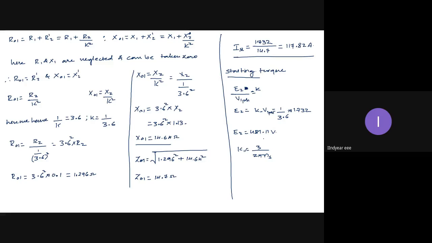Other things we know: R2 we know, X2 we know. All the things you can substitute and calculate. That is your part of the work. In the next class, we will solve one or two such examples on running torque also. Then we will move to torque slip characteristics.